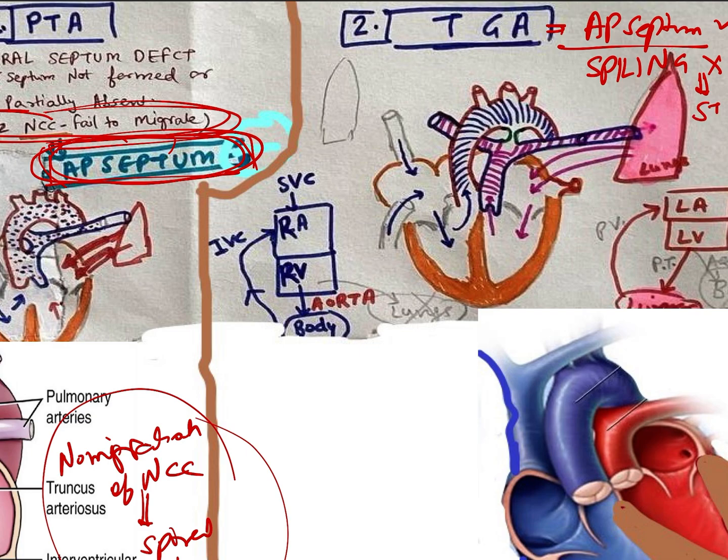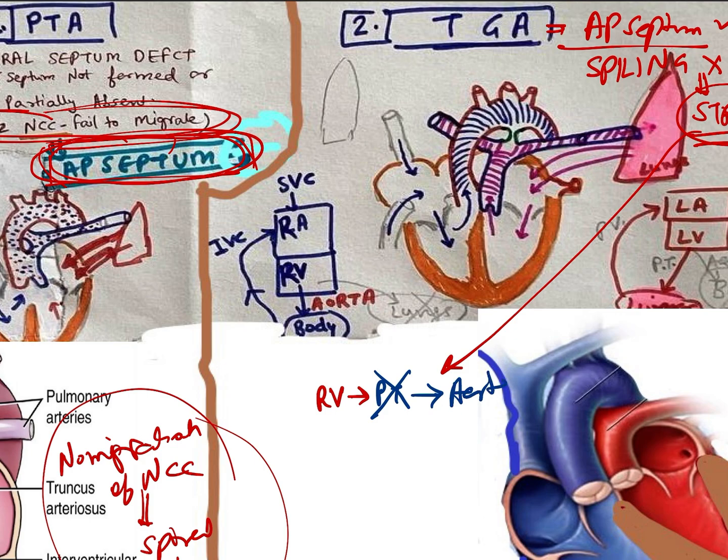Hence this septum is straight, and because this is a straight septum, the right ventricle, which should open into the pulmonary trunk, is not opening into the pulmonary trunk; instead it is opening into the aorta, while the left ventricle, which usually opens into the aorta, is not opening into the aorta, it is opening into the pulmonary trunk.